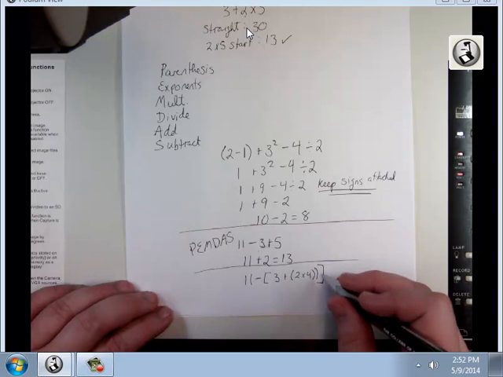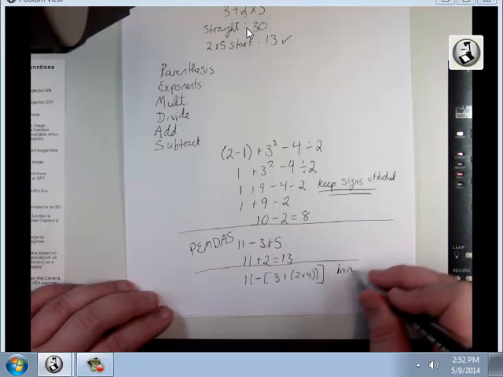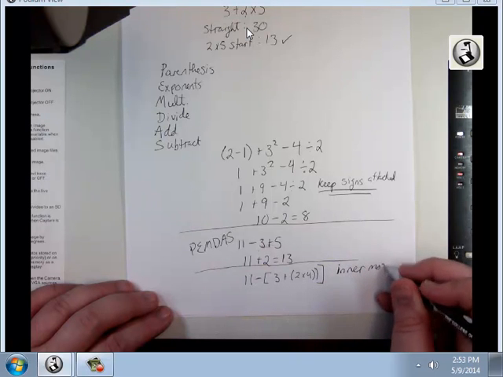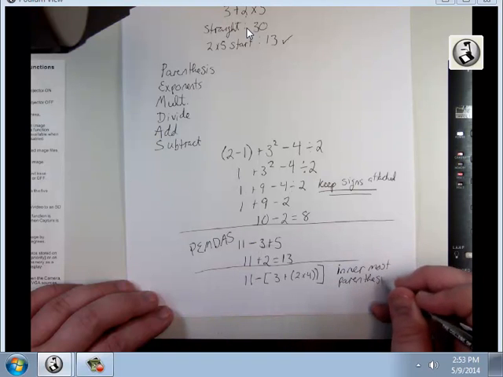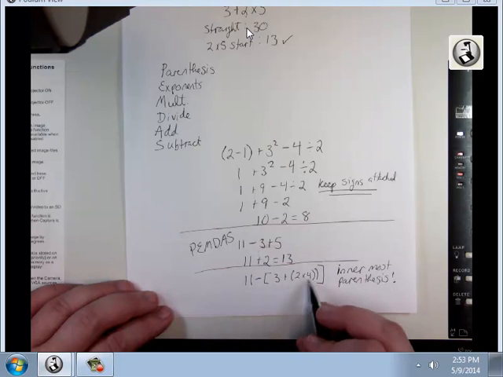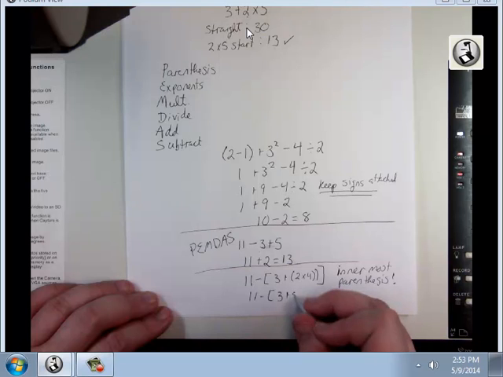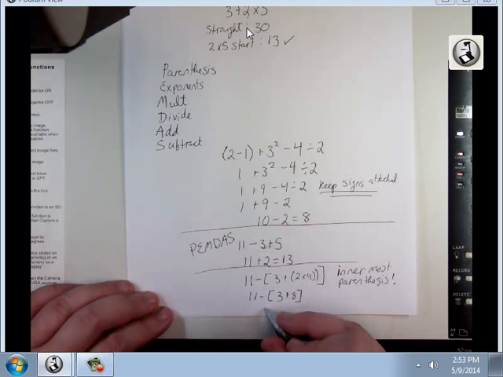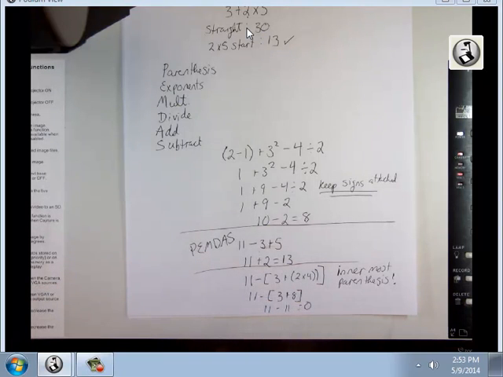Well, start at the innermost parentheses, which would be this here. So it'd be 11 minus 3 plus 8, which is going to be 11 minus 11, which is 0. Alright, so always start at your innermost set of parentheses if you have multiple ones.